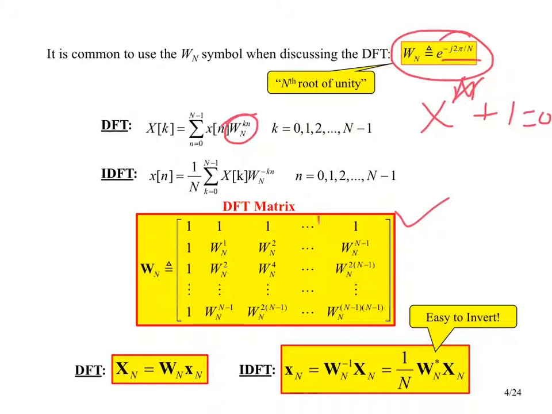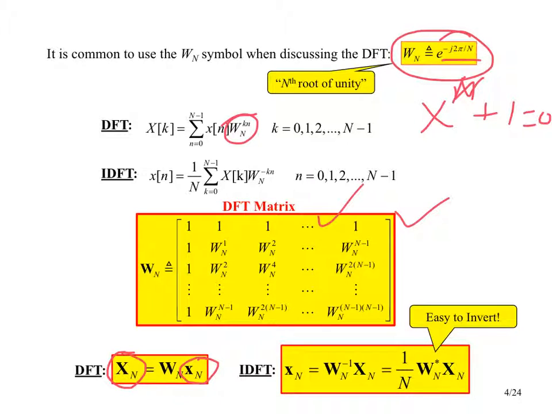So the DFT matrix here is no different than before, and we define this little x vector as the signal samples, and this capital X vector as the DFT points. And then here's the beauty of this.